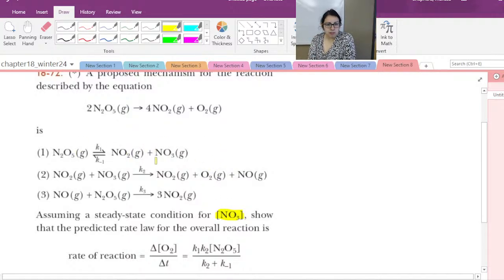And so what of these equations, which one involves oxygen production? So only two. So right, so now we can look at 2 here.